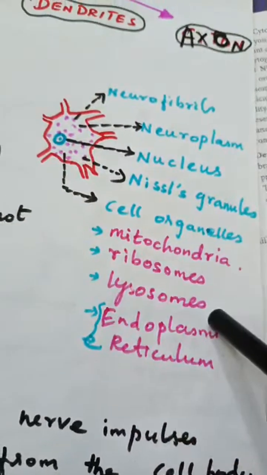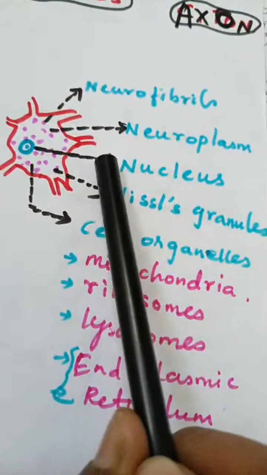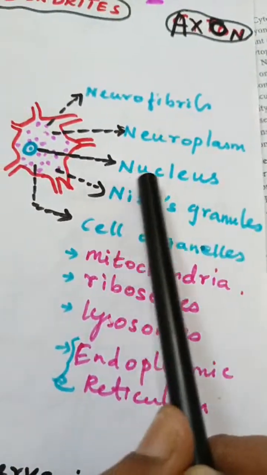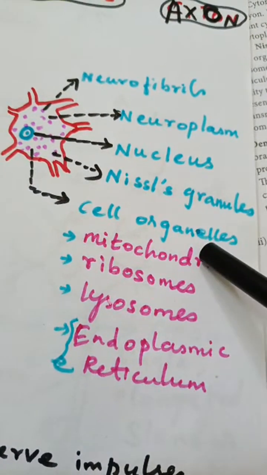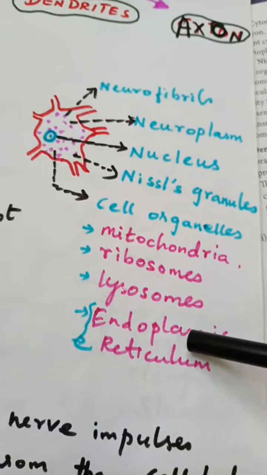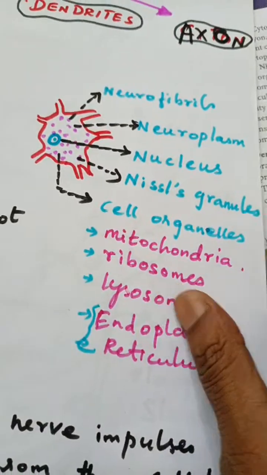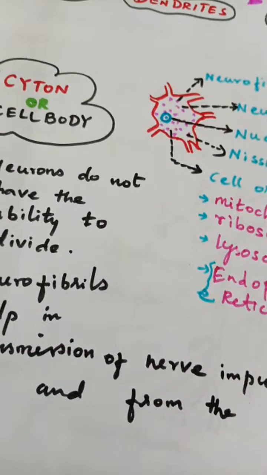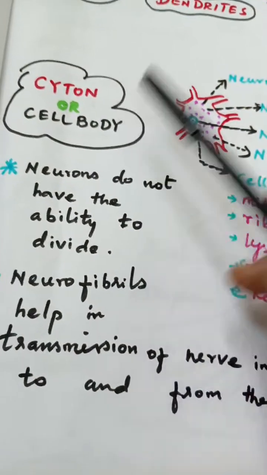Understood? So this is about the structure of the cyton. What are the parts of the cyton? The cyton has neurofibrils, the neuroplasm, the nucleus, and the nuclear granules. It has the cell organelles like mitochondria, ribosomes, lysosomes, endoplasmic reticulum. Now let me explain the function. What is the function of the cell body or the cyton of the nerve cell?